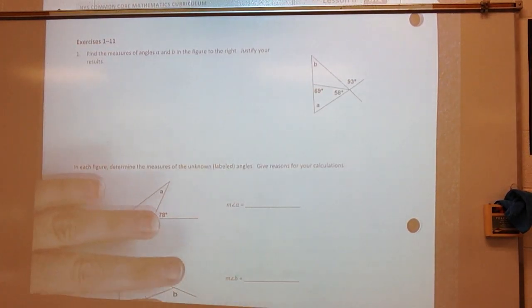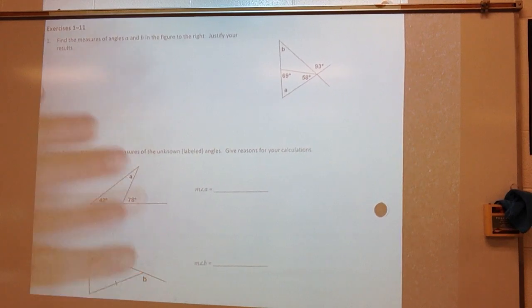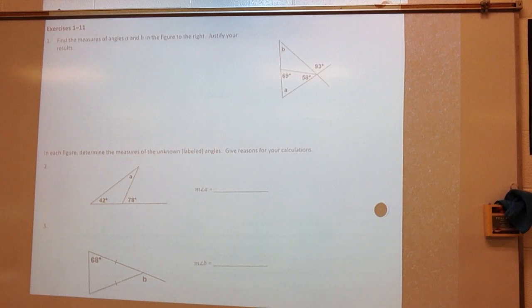All right, so find the measure of angles A and B in the figure to the right and justify your results. All right, so I'm going to look at this and I'm going to see, okay, I don't have anything marked being congruent, so it's probably not an isosceles triangle.